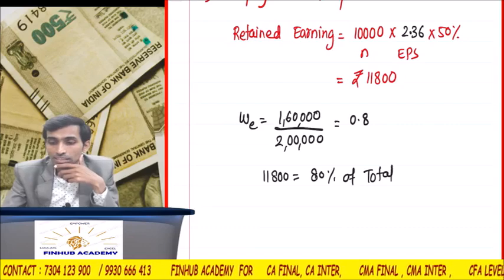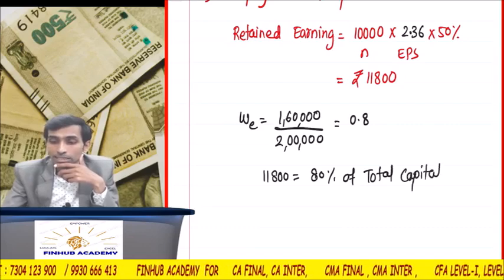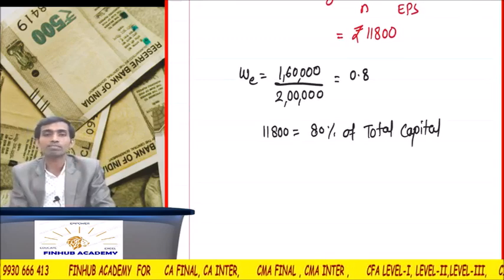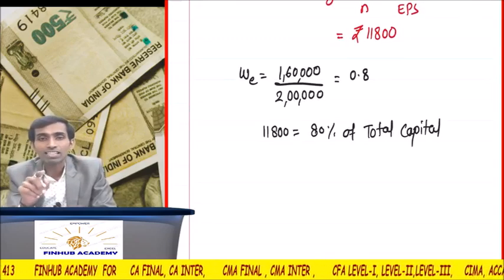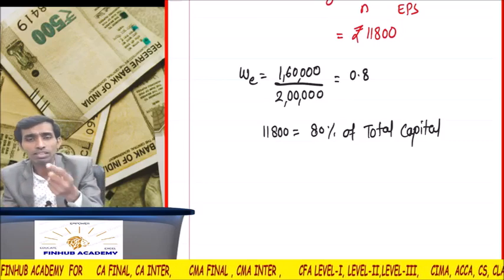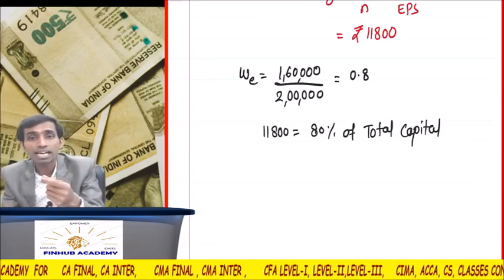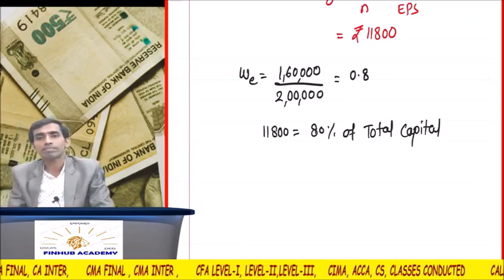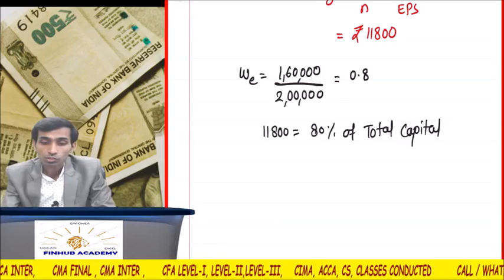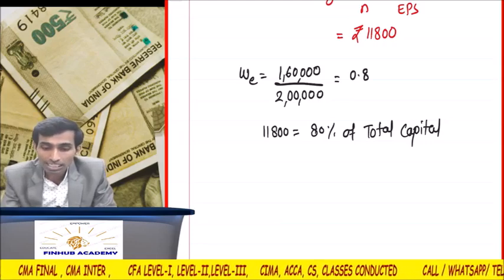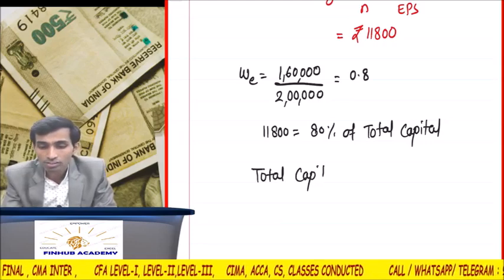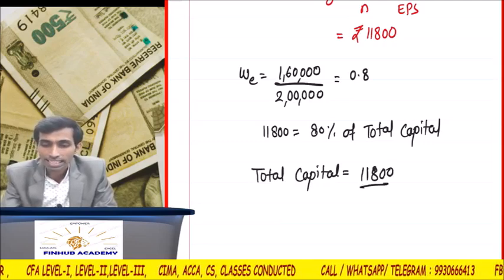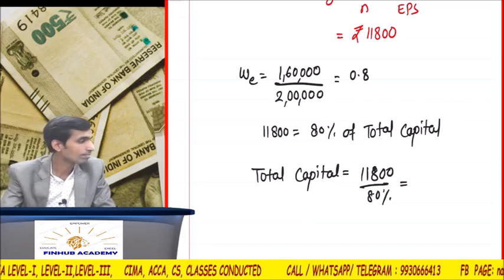Very technical point: if you have the figure of anything and you have the percentage of that, you can get 100%. Yes or no? So total capital is equal to 11,800 divided by 80%. How much is it?